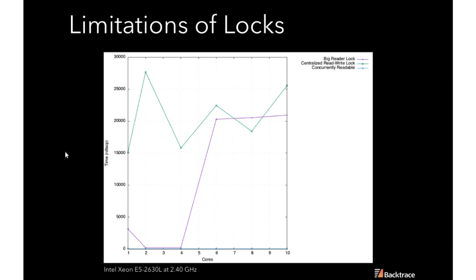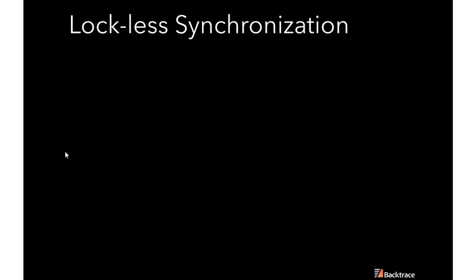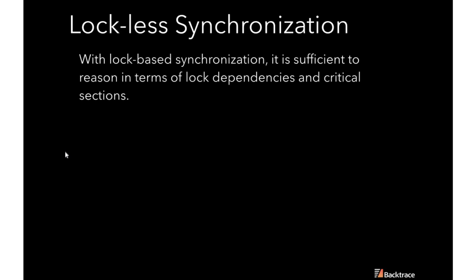So one way to mitigate this is to rely on lockless synchronization. Rather than reasoning in terms of lock dependencies and critical sections and building data structures on that, let's instead build data structures on the atomic operations that the underlying platform provides us.